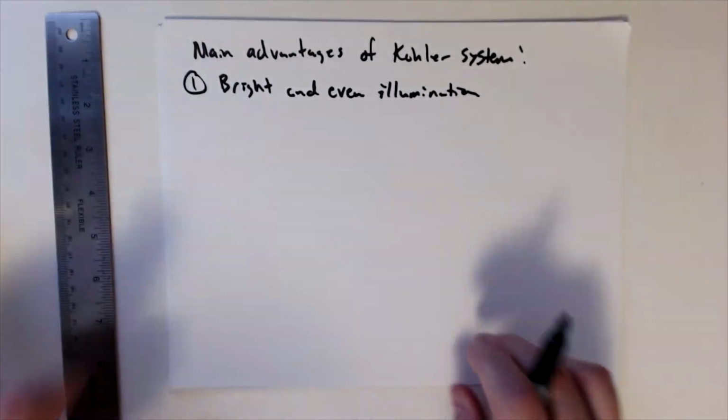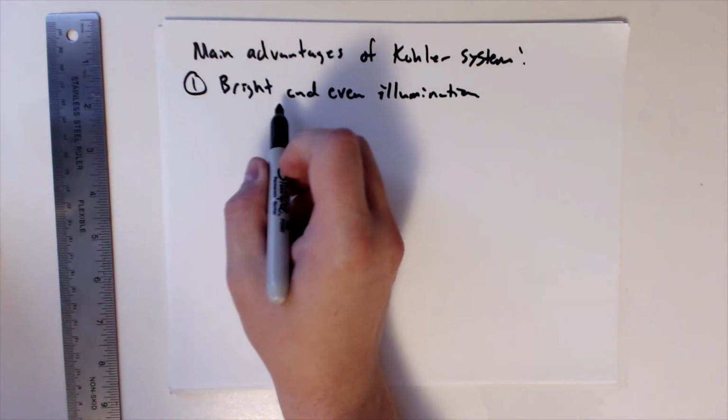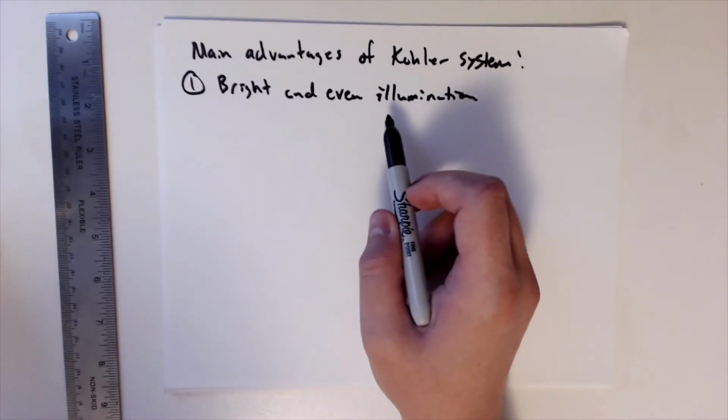So we saw with the various lamps, right? The intensity of light is going to be important, right? And we also saw earlier when we talked about contrast, right? The thresholds that we require for contrast go down if we have very bright light. So we want it to be very bright, and also even is important, right?